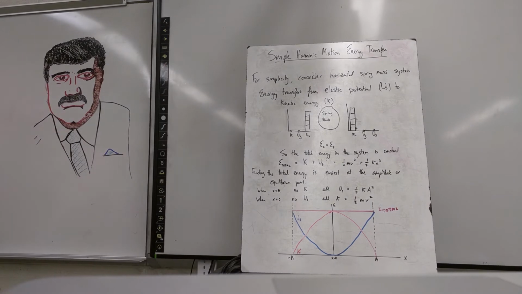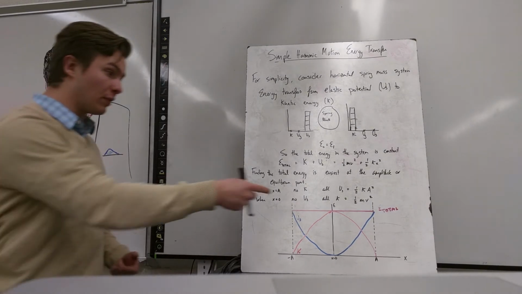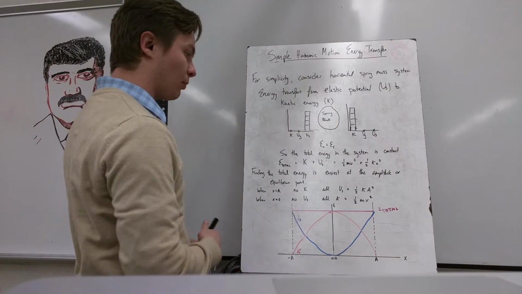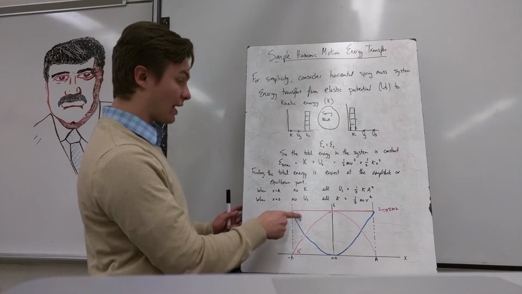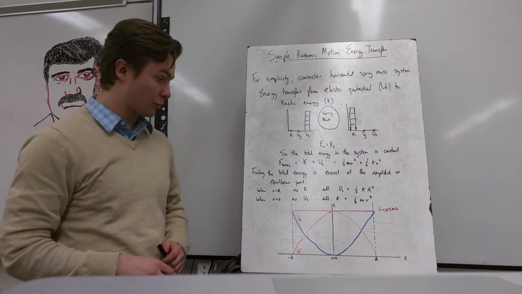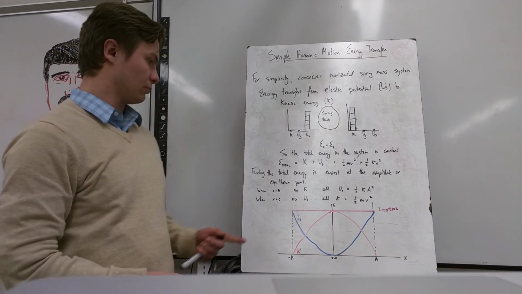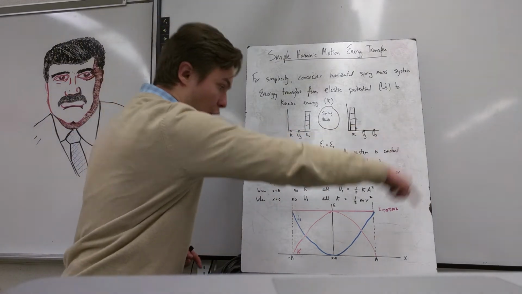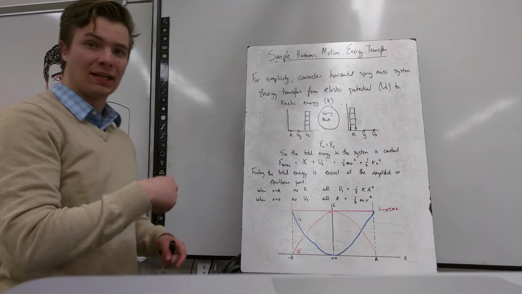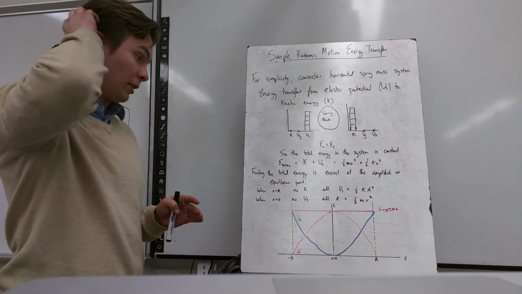I could also find the total energy of the system if I knew the velocity, say at the equilibrium point. I could say, well, all of my energy is in kinetic energy because there's no spring energy at equilibrium point. And I could write that expression. Remember, the total energy in the system is the same at any point.